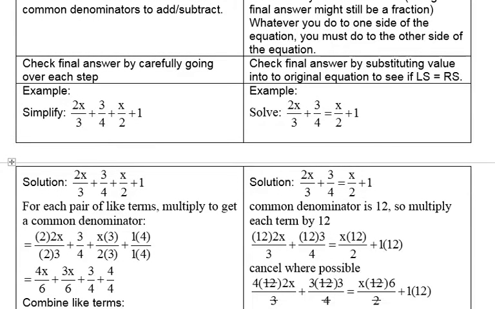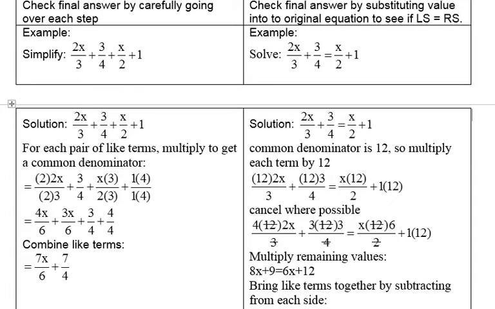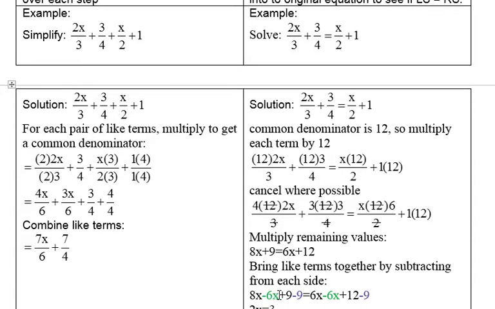Once we have those canceled, we can multiply, so 4 times 2x gives us 8x, 3 times 3 gives us 9, x times 6 gives us 6x. Then we can bring our like terms together, so we can subtract 6x from each side, so that it's eliminated on this side, and we can subtract 9 from each side, so it's eliminated on this side.